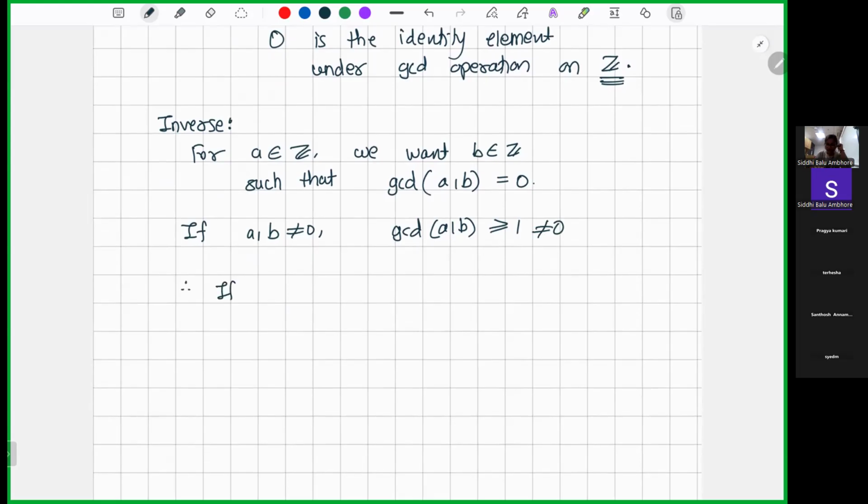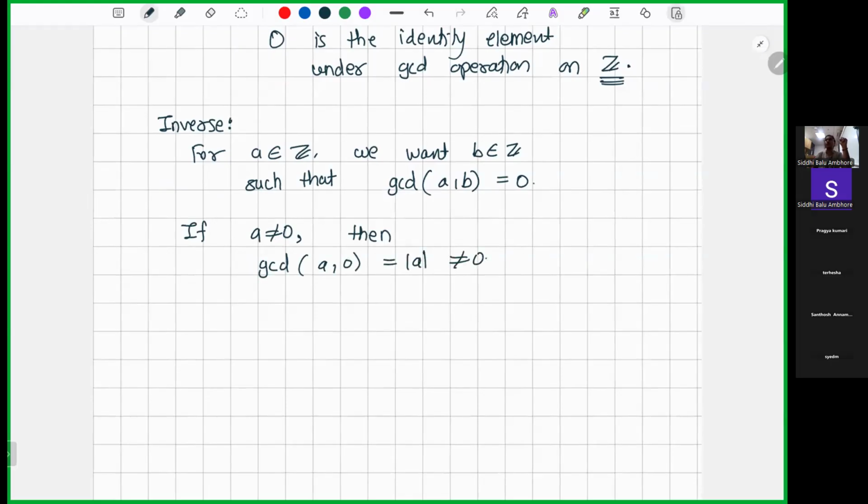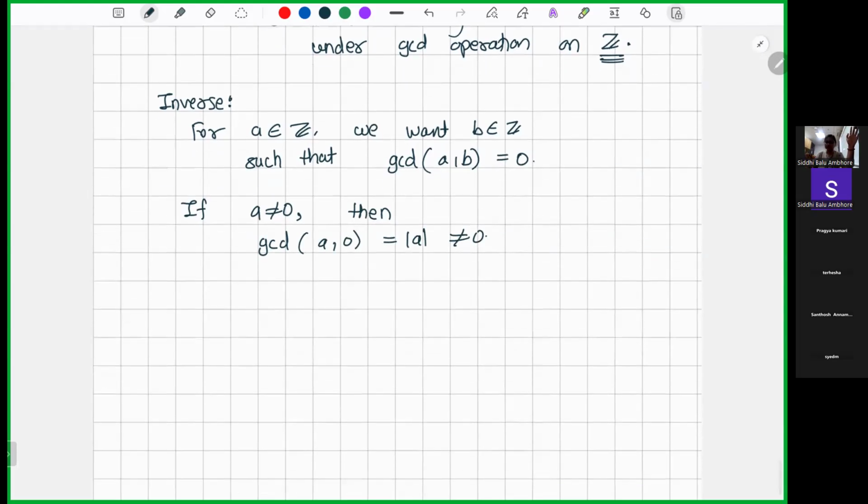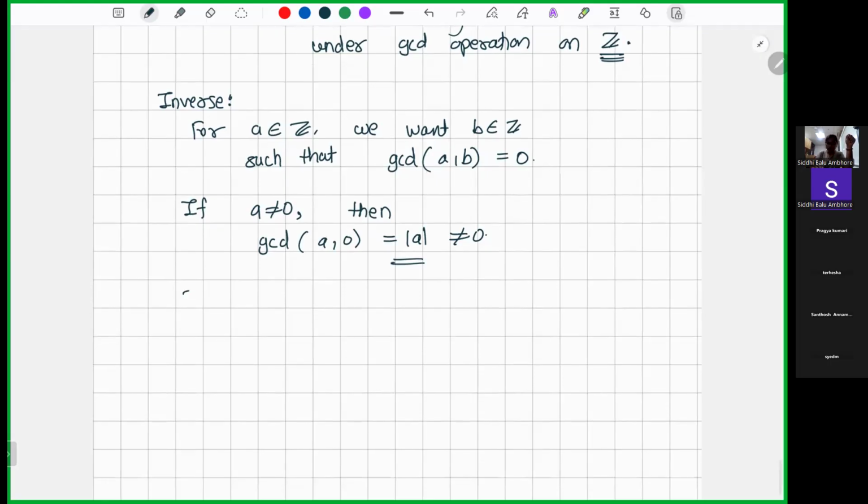Therefore, if I have even one of them, suppose A is non-zero, then GCD of A with 0 will be mod A, that is non-zero. This is my first case. So for any non-zero element this is not possible, because it will be the mod of A, and since A is non-zero, mod of A will be non-zero, and we lose the inverse.